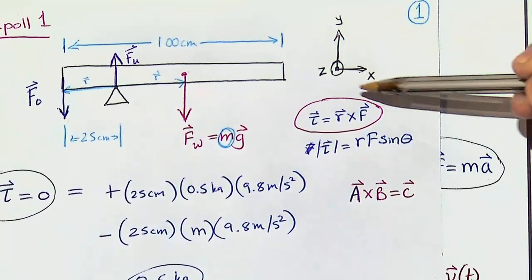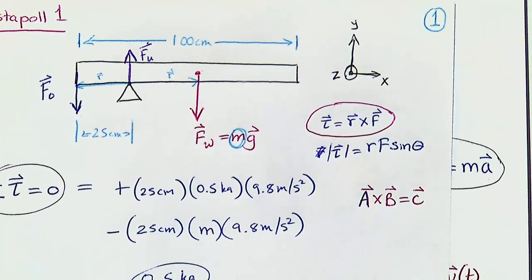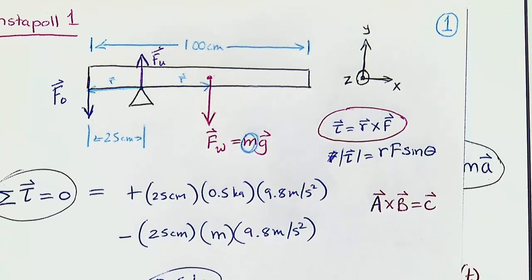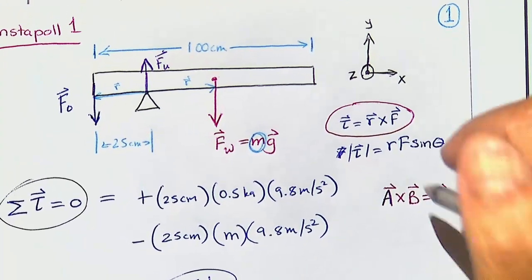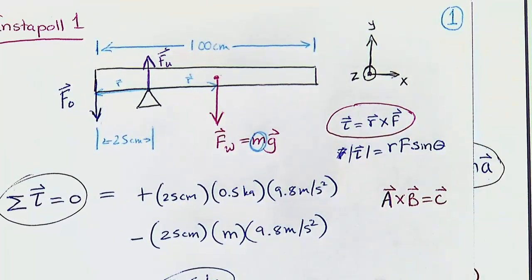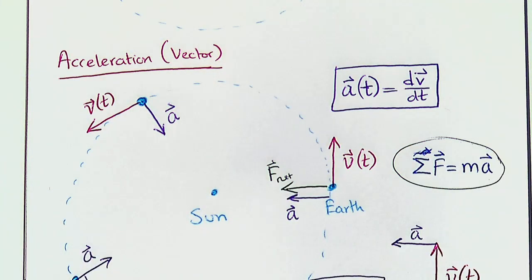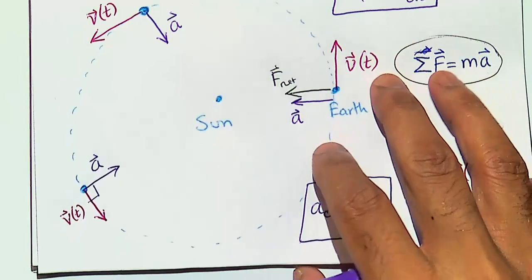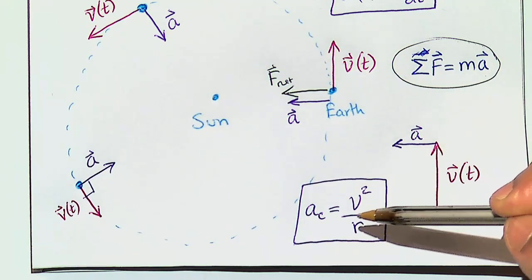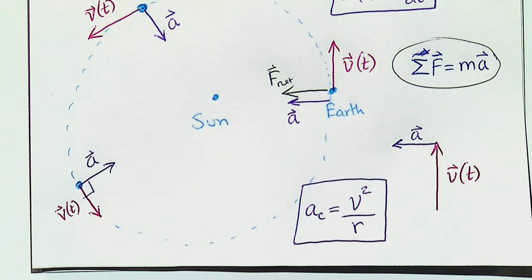If the coordinate system is accelerating, as in the case of you in a car going around in a circle really fast, and your reference frame is your car, then that reference frame is accelerating, and it produces these fictitious forces. It seems like there are new forces that appear, but they're not new forces, and they're not new accelerations. The seemingly acceleration that you feel is often called centrifugal acceleration.